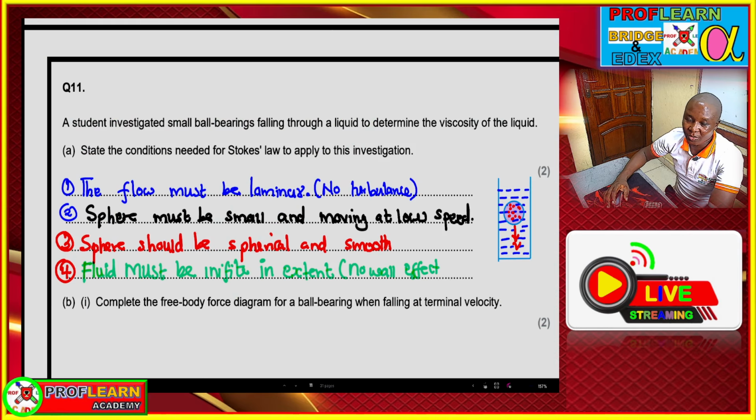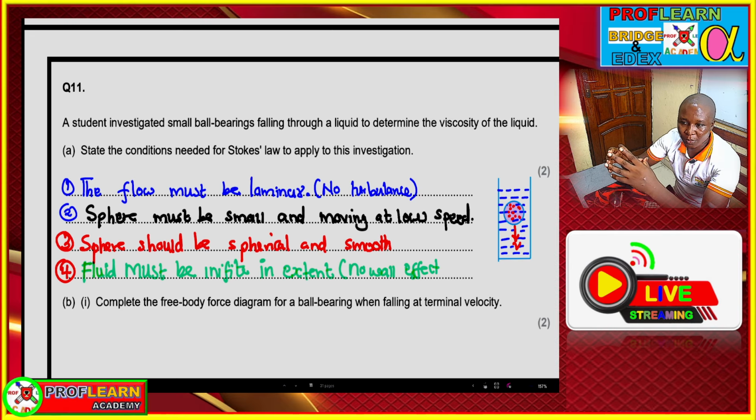Let's dive in so that we can get started with question number 11. The most common question that is going to be tested is Stokes' law. Stokes' law is going to hold provided a few conditions are met. Number one, the flow must be laminar, streamlined, not turbulent.